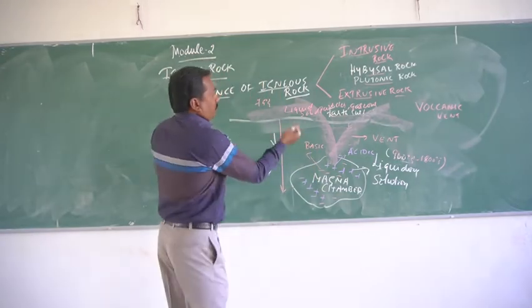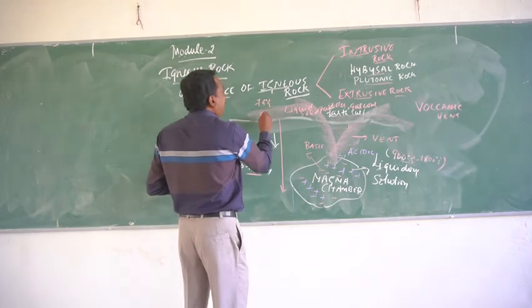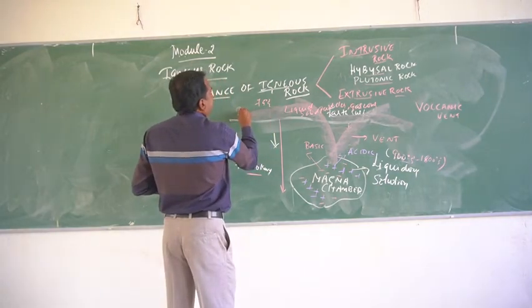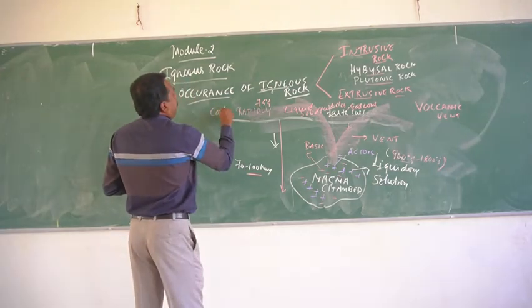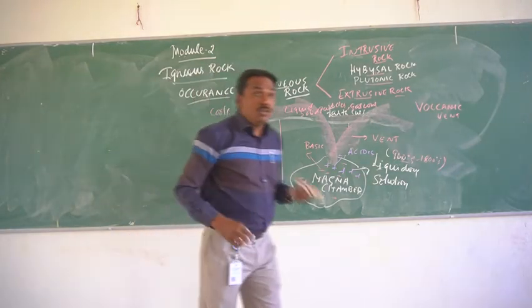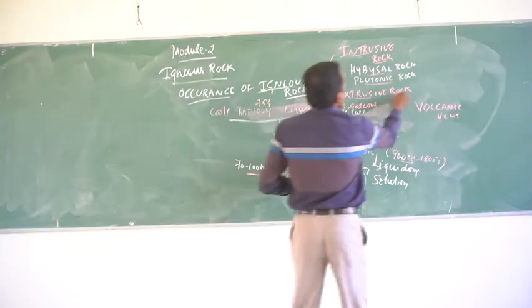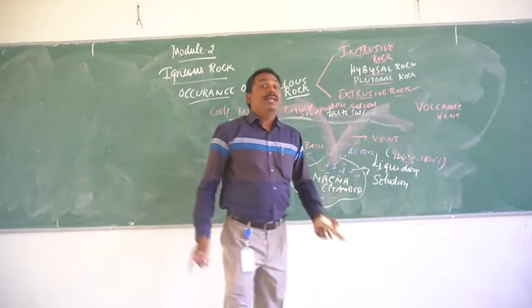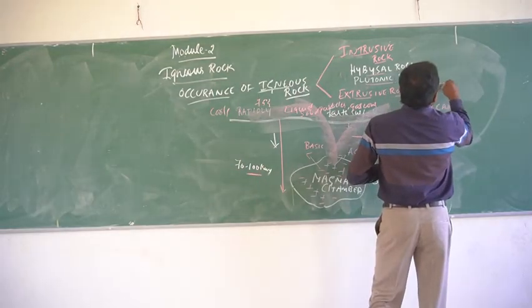When this magma erupts in the form of volcanoes, it cools rapidly to form a solid structure. That is what we call the extrusive rock. The extrusive rock is also called volcanic rock.